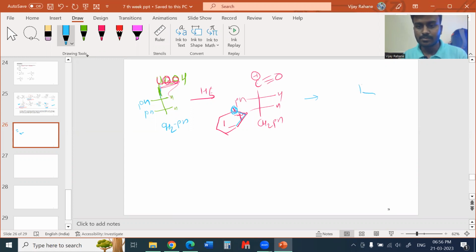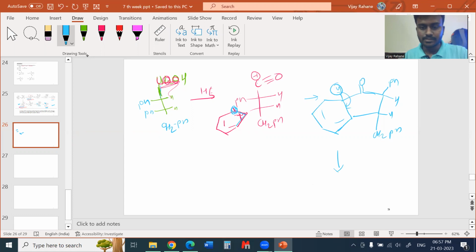This carbonyl carbon will have Ph and H, here a hydrogen and CH2Ph, and the hydrogen. This is how the transition state looks.